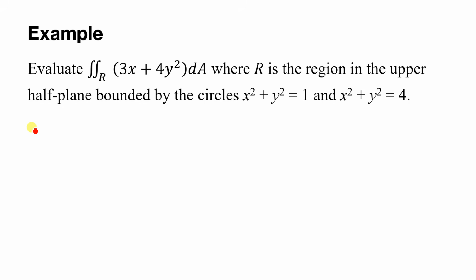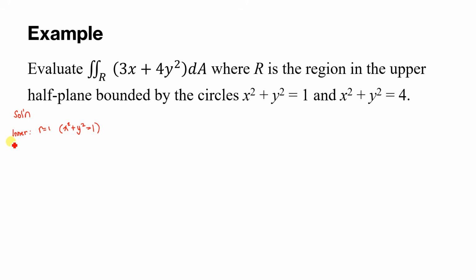So for our solution, the inner boundary is the circle of radius 1, because x squared plus y squared equals 1.